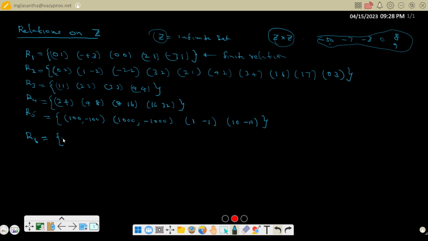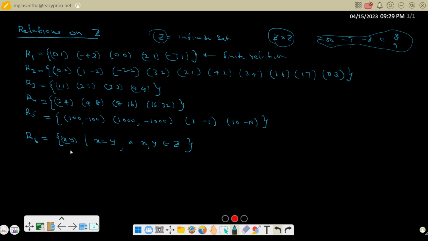If you take {(x, y) | x = y and x, y belong to Z}. Okay. We are defining relations on Z. You don't need to write that x and y belong to Z because you are defining relations on Z, right?